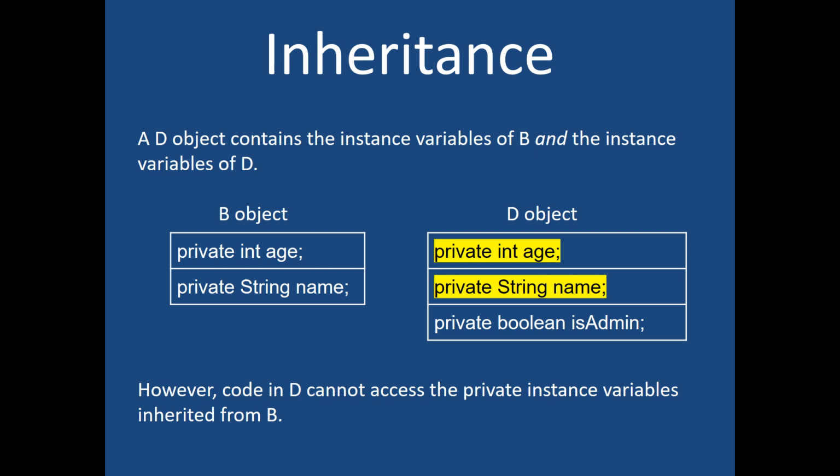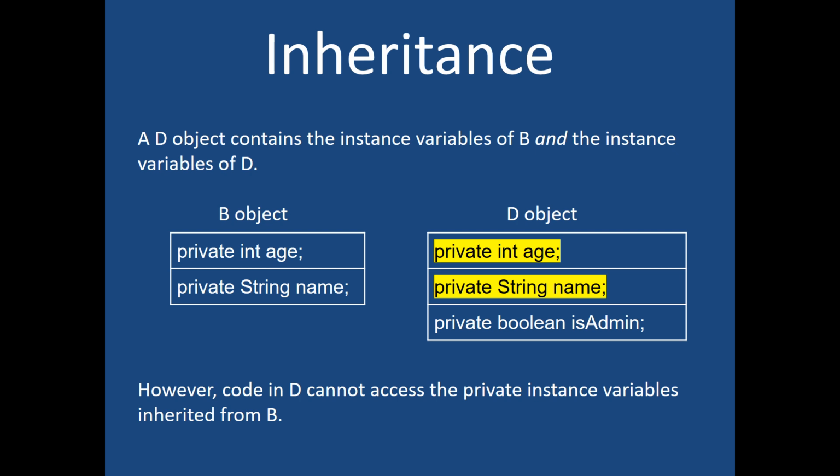So we inherit the stuff from the base class into the derived class. That means every D object will carry inside it an age, a name, and that is admin boolean right there, even though the declaration of D doesn't even mention age and name.